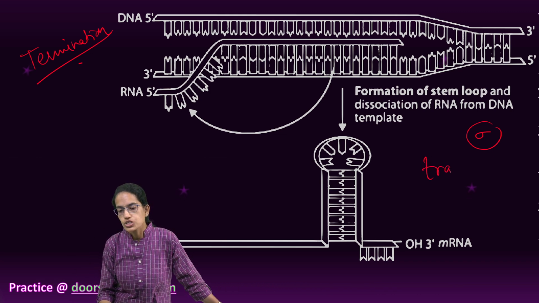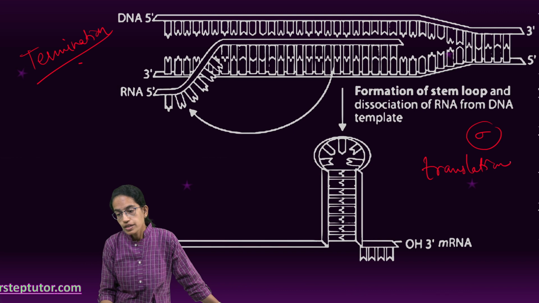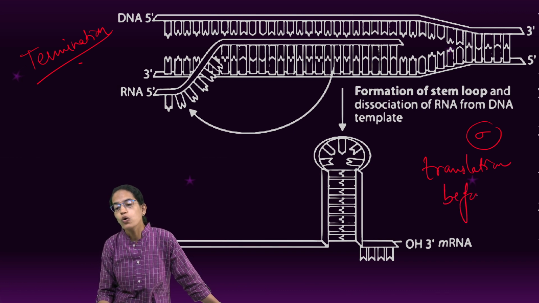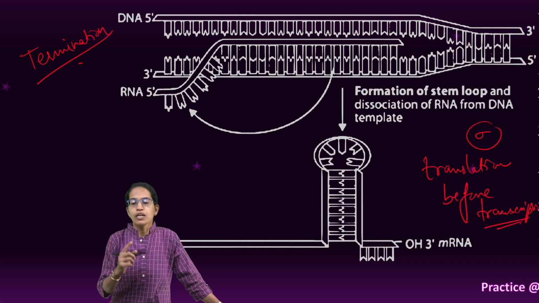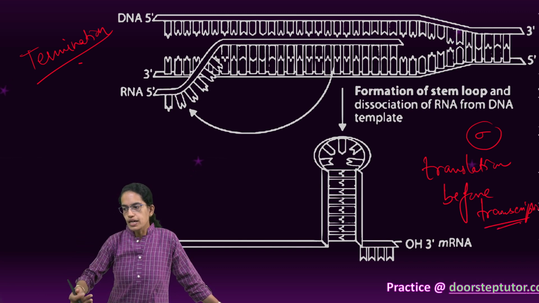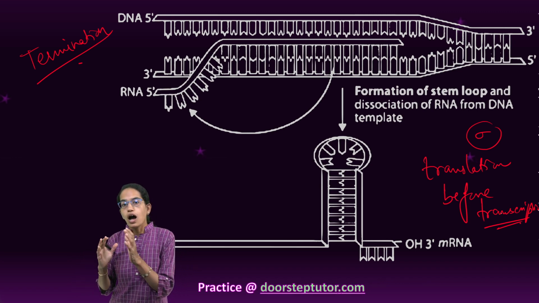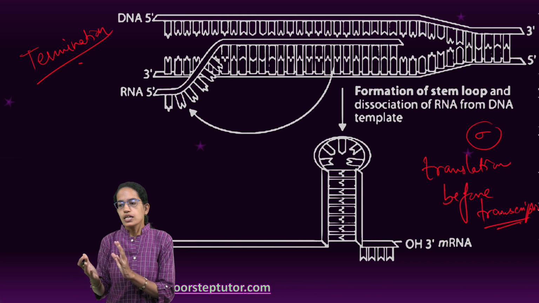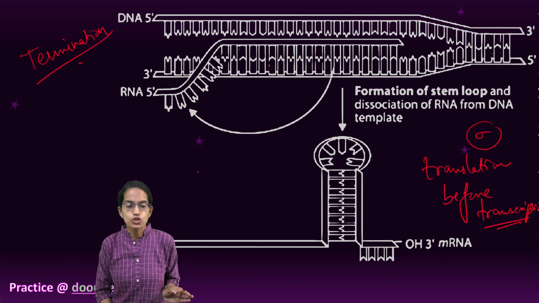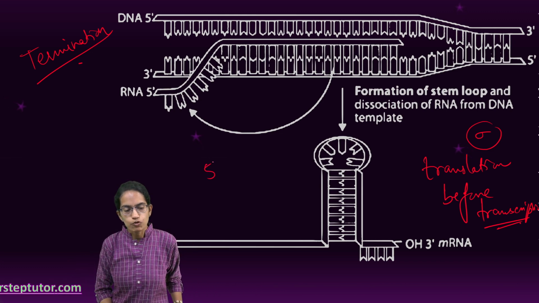So translation can occur before transcription is complete. That's extremely important in the case of termination. So here translation may occur before the completion of the transcription, as both processes take place in the cytoplasm, and this is in the 5' to 3' direction.